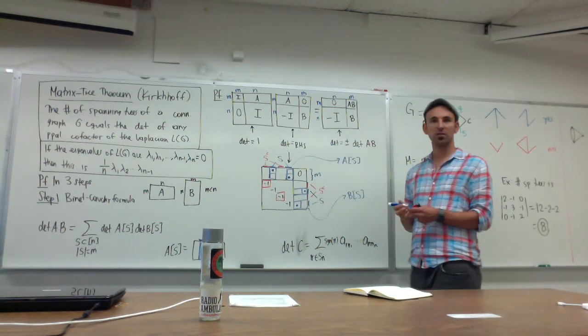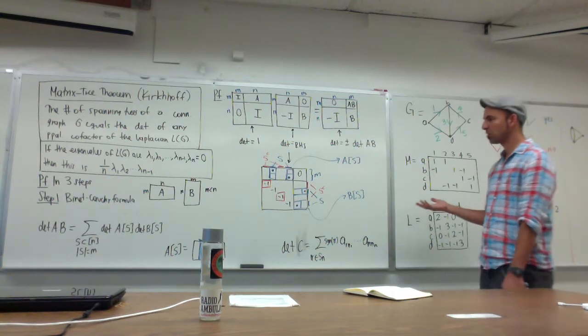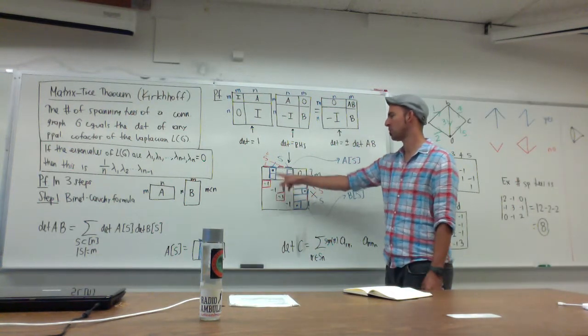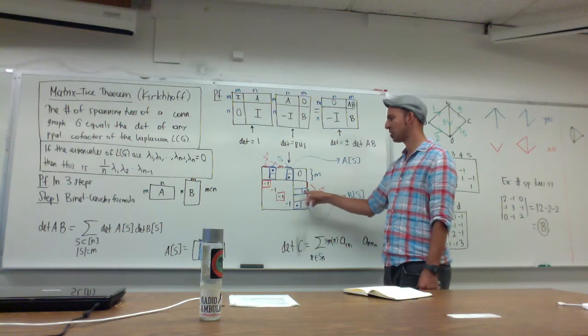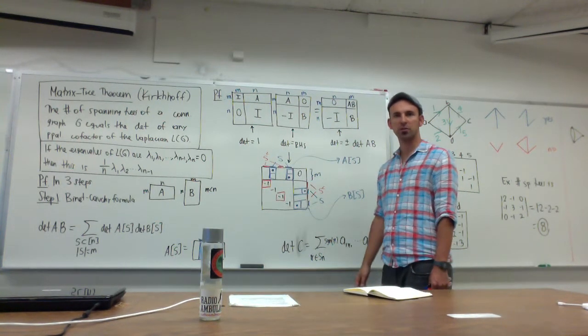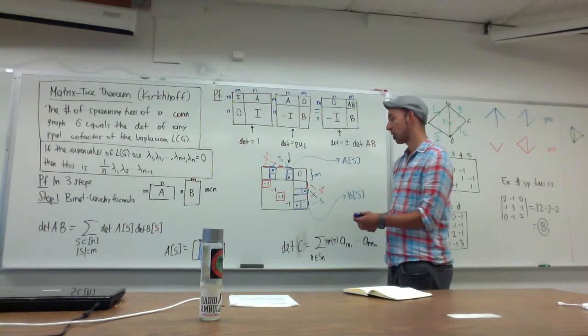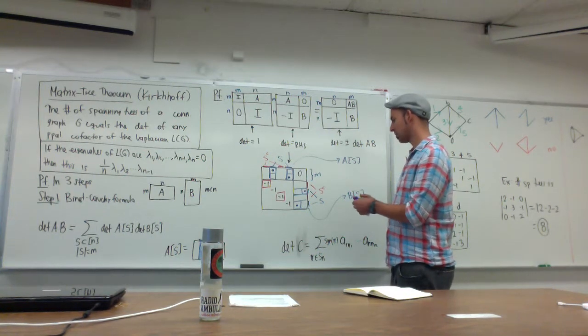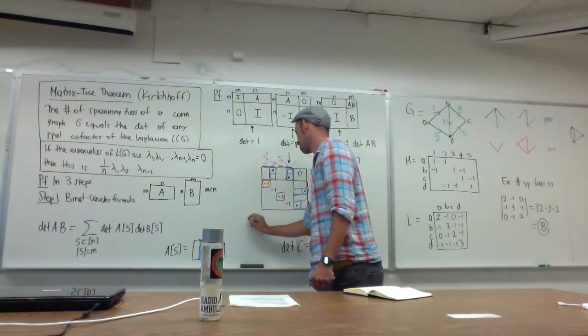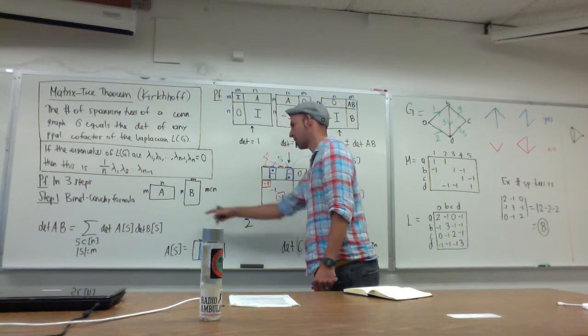And that matrix is B of S. Okay? And so what I'm doing is looking at all the ways of choosing some permutation here, choosing some permutation here, and then putting -1s in the rest of the permutation. And so what I end up with is, I get this basically.